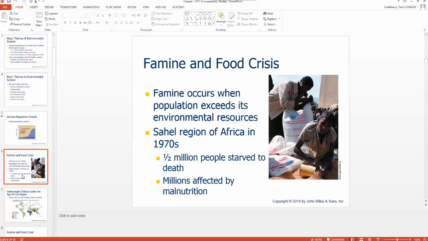And in fact, in the mid-1970s, there was a drought in the Sahel region of Africa, and roughly 500,000 Africans starved to death, and millions more were permanently affected by malnutrition. This particular region in Africa and nations in southern Africa have been similarly affected since then by periodic droughts. We've heard about droughts in the 80s, the 90s, and the new millennium. And so that has continued.